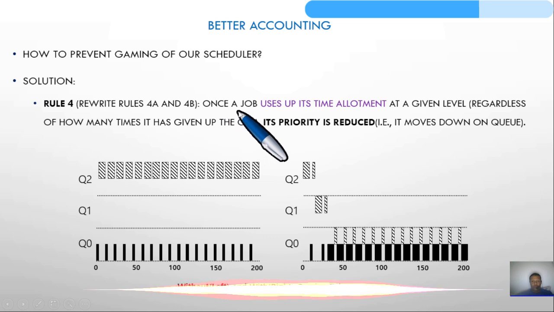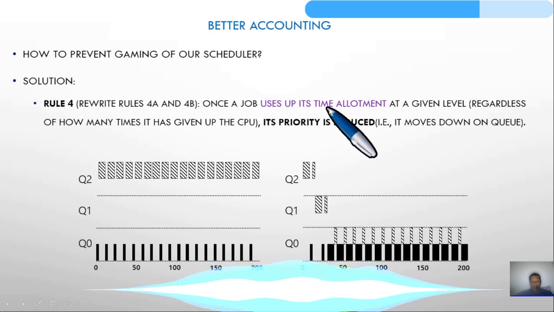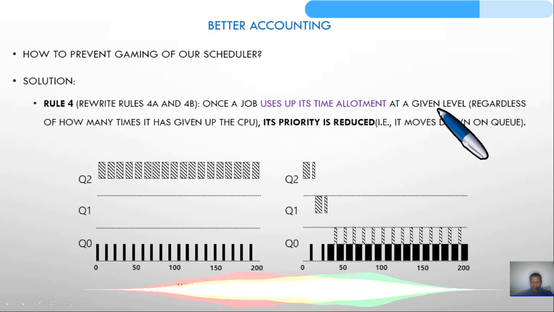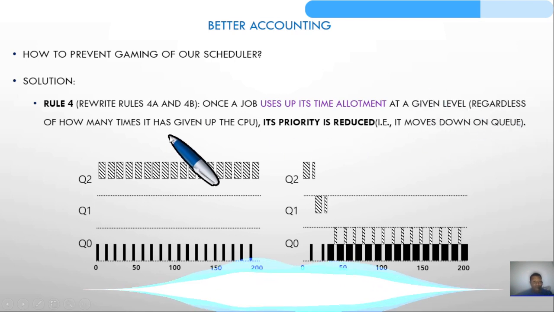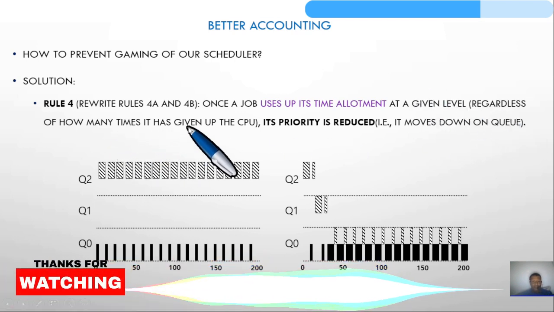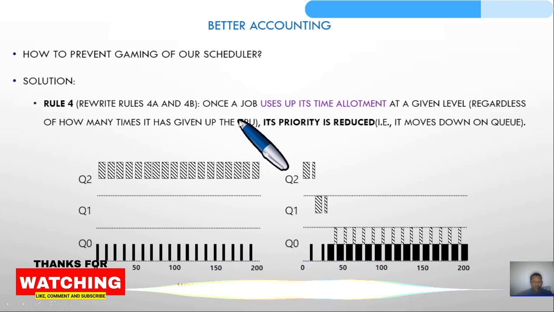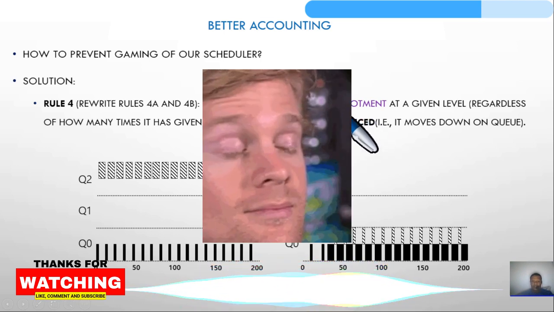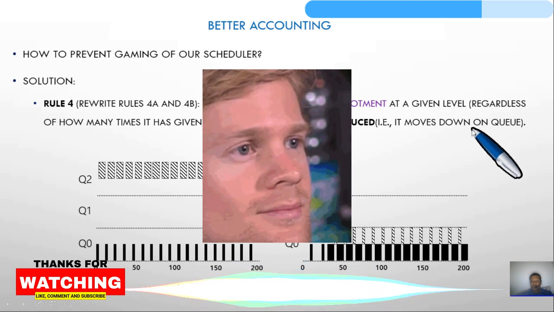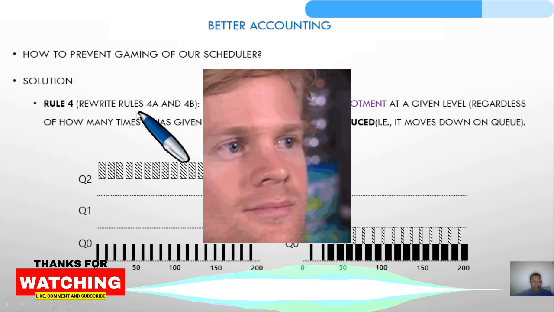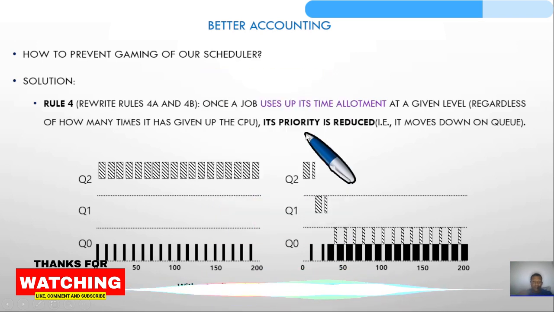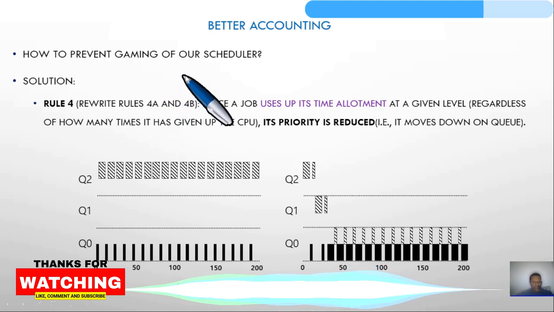Once a job uses up its time allotment at a given level, regardless of how many times it has given up the CPU, its priority is reduced. It moves down on the queue. So this is the revised version of the rule, because it will not allow gaming.